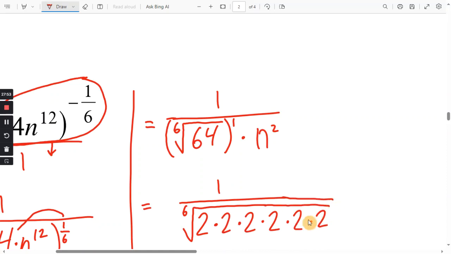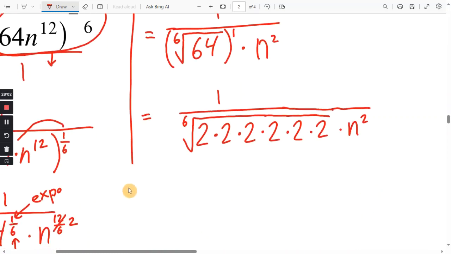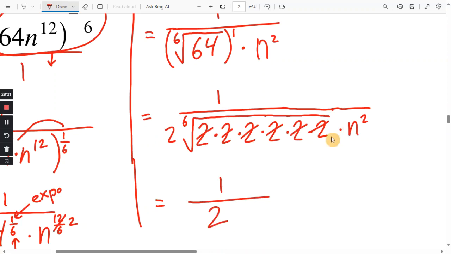That whole thing is still times n squared, but the n squared is not under the radical. So basically, this is asking what multiplied 6 times will give us 64. Well, that's just 2. We have 6 2s: 1, 2, 3, 4, 5, 6. We can bring that outside. So it's going to be 1 over 2 times n squared. Final answer.